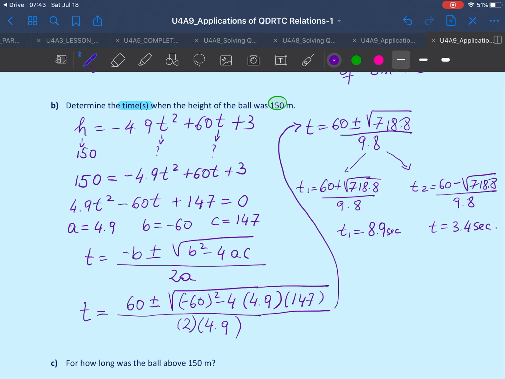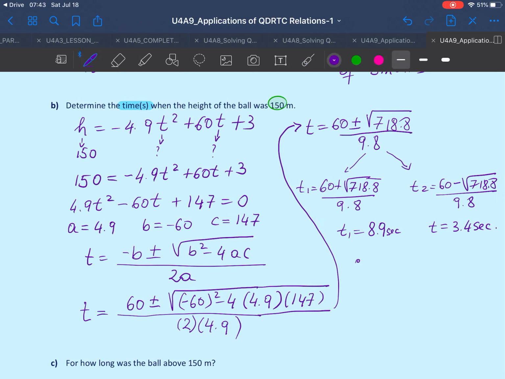Okay, so what happened in here was that it seems like the ball has been at the height of 150 meters at two different moments, 3.4 seconds after it was hit and at 8.9 seconds after it was hit.